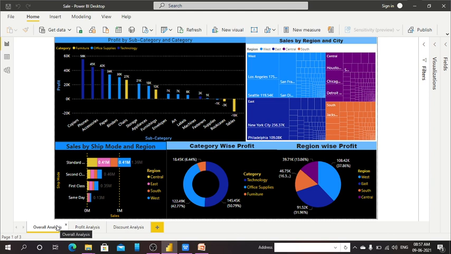The first plot is showing profit by subcategory and category analysis.